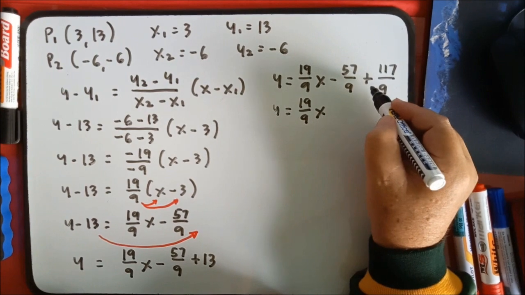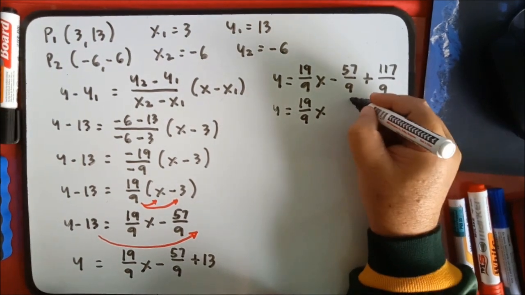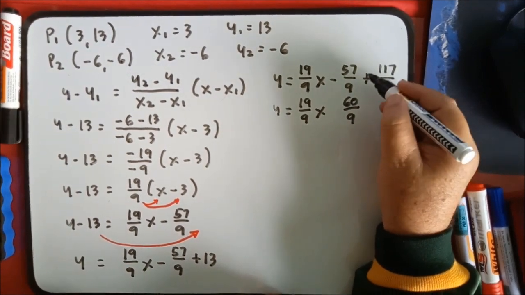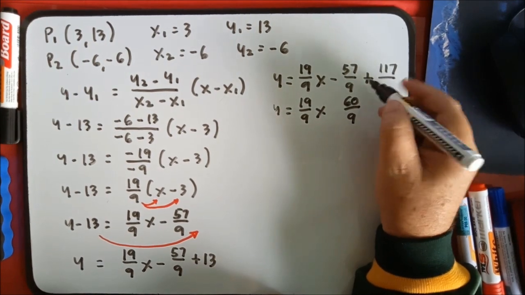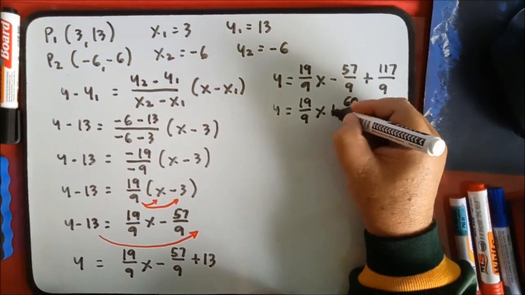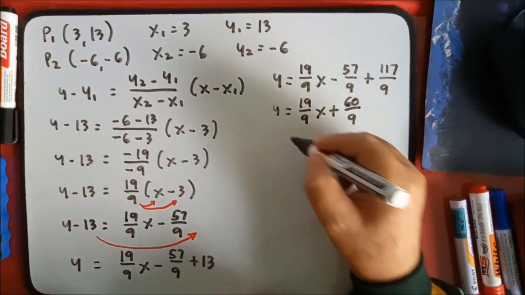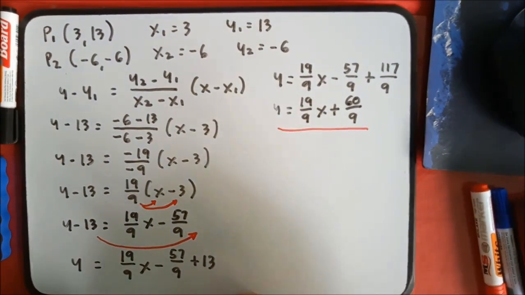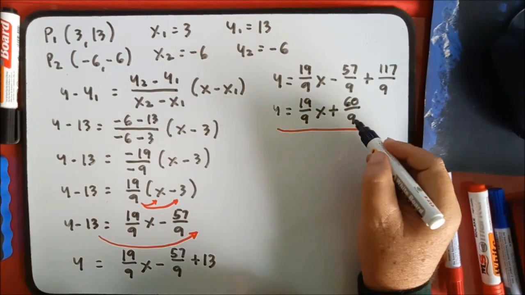So negative and positive, subtract the absolute value. 117 minus 57 is 60. Then copy the denominator. Copy the sign of the greater number. 117 is greater than 57. So copy the sign of 117. This will become positive. So this will be your slope-intercept form. This is your slope, this is your y-intercept.